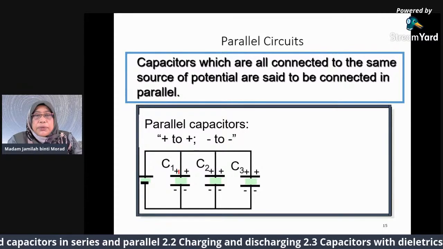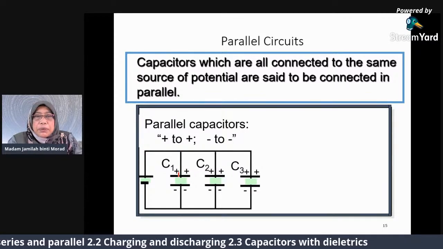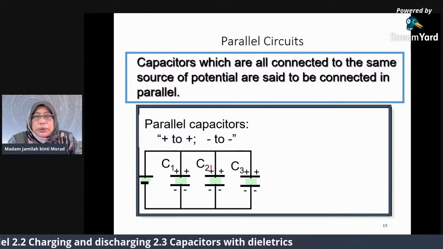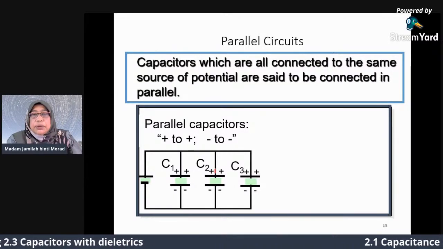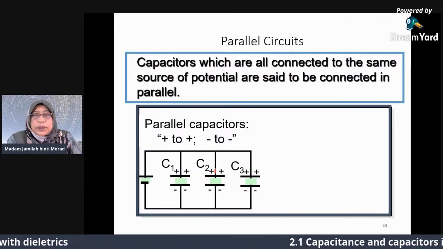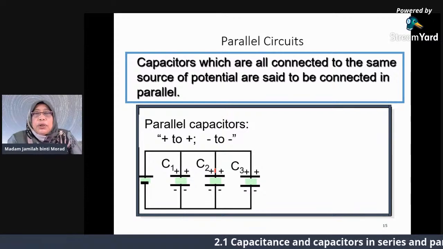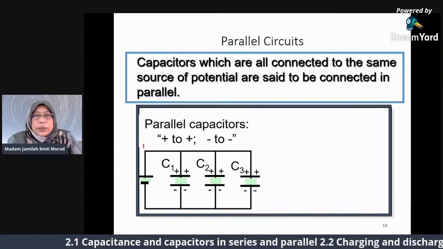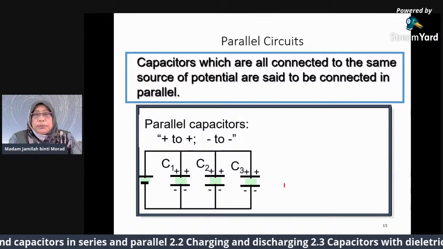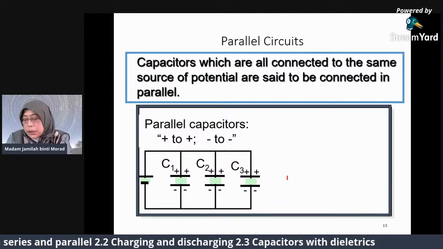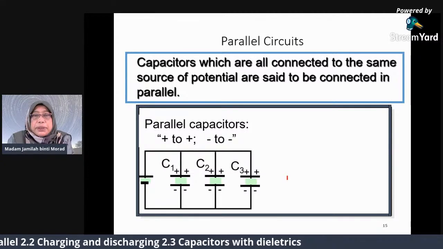Positive to positive: the positive terminal of capacitor 1 to the positive terminal of capacitor 2, and from the positive terminal of capacitor 2 to the positive terminal of capacitor 3. So the three capacitors here are arranged in parallel. We need to look into its effective capacitance.